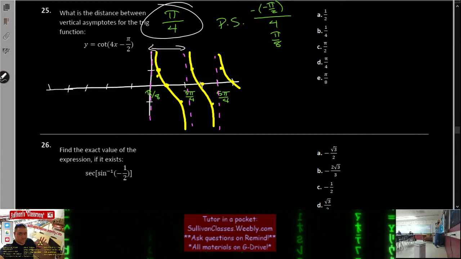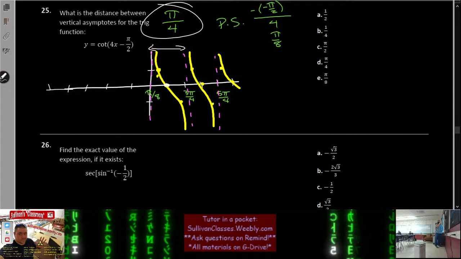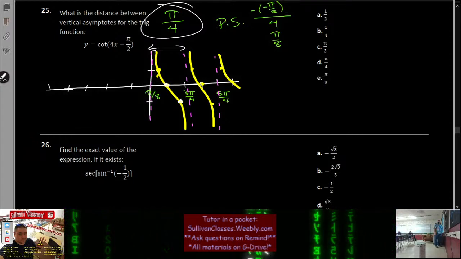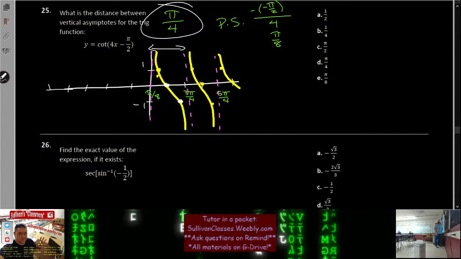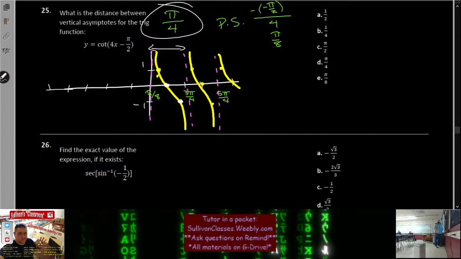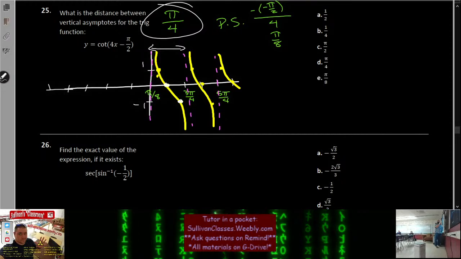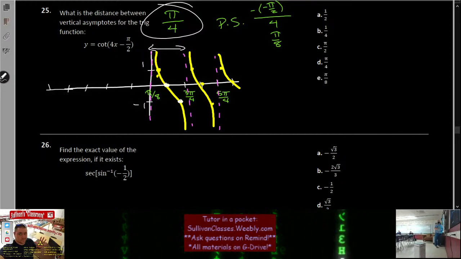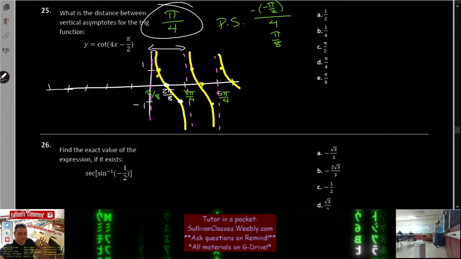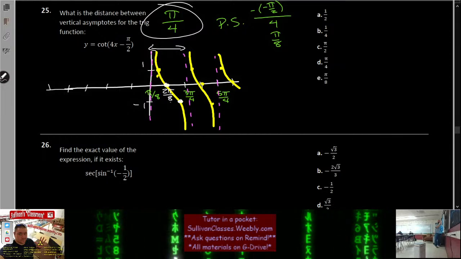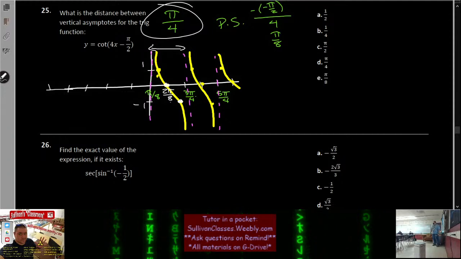Well, what coordinate is midway between these two? Amplitude is still 1. If from here to here is pi over 4, then here to here is pi over 8. This is 2 pi over 8. What's halfway between 2 pi over 8 and 3 pi over 4? Because that's where it always occurs.